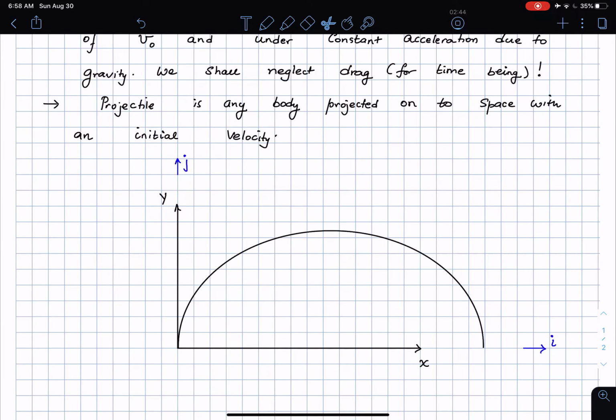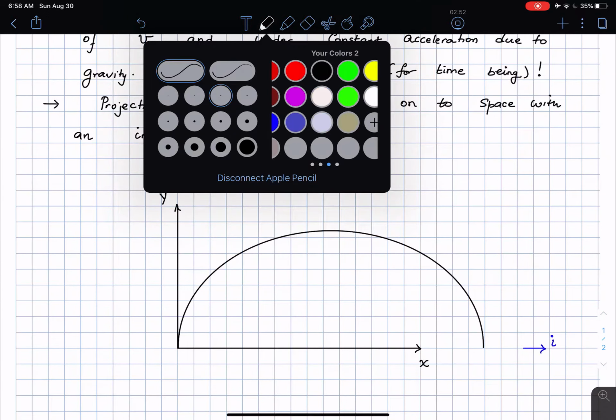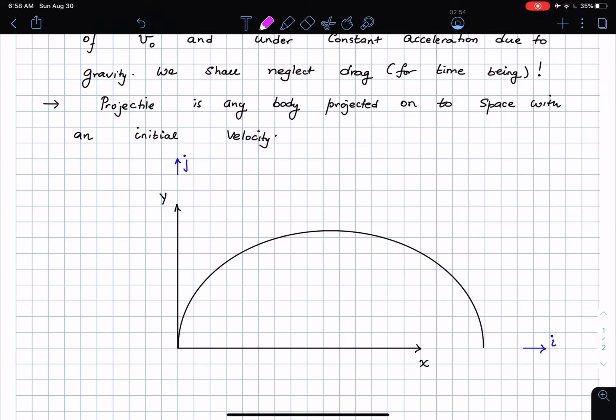Then what I'm also told is that this particle has some kind of an initial velocity. So I'm going to draw the initial velocity vector. At this particular point, it is tangent to the path of the particle, at the starting point itself.